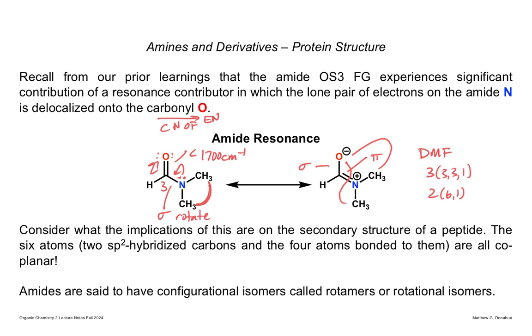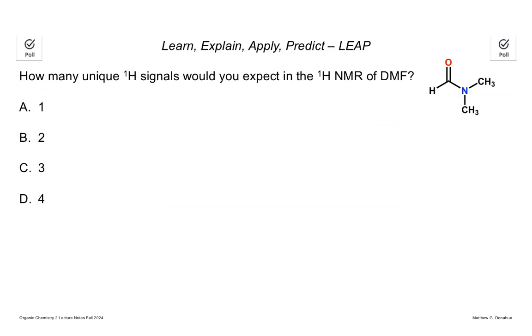So now that's important, even though I'm showing DMF, it's important in your peptide chain because all of those are peptide bonds. And then that's going to matter what side of the carbonyl the side chain is lying. So in a first approximation, you'd expect to see 2, but in reality, you see 3 due to resonance.